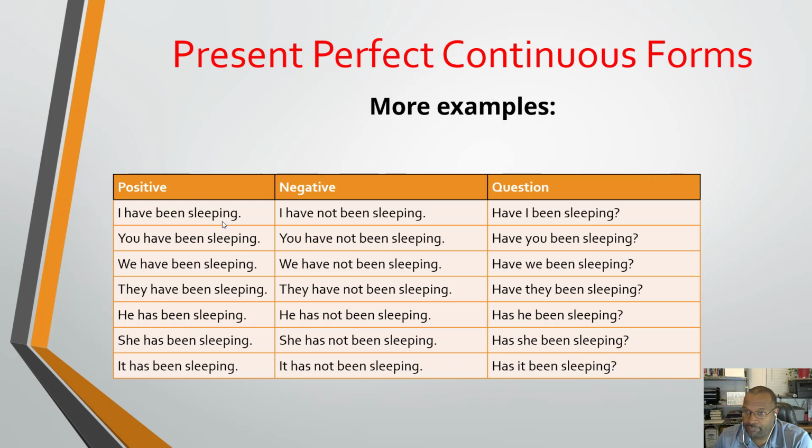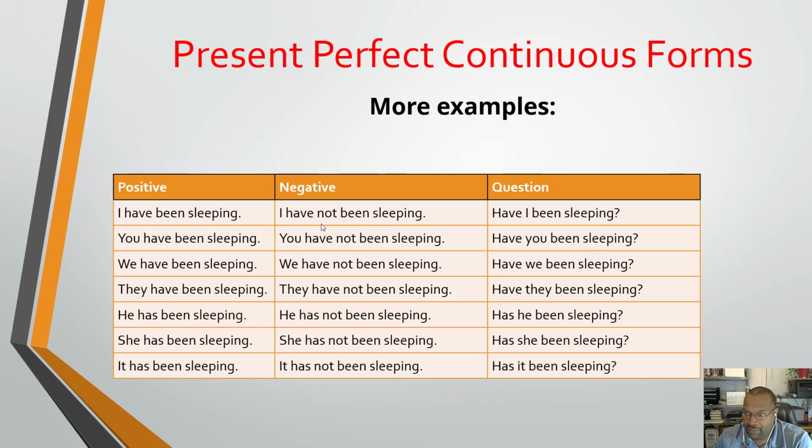So notice, in our positive statements, I have been. You have been. We have been. They have been. Here's the change. He has been. She has been. It has been.